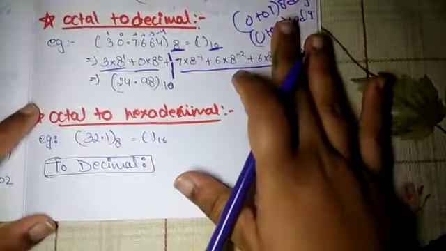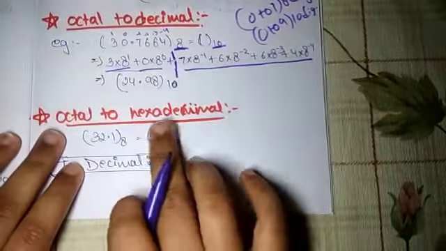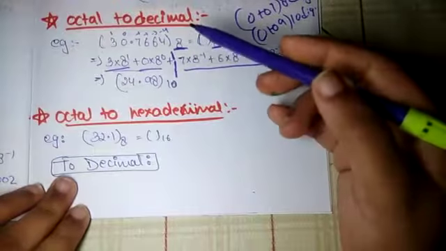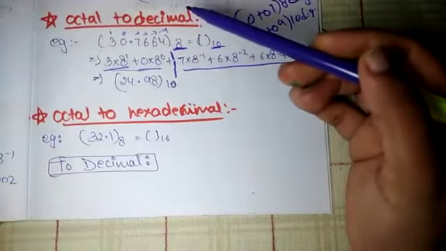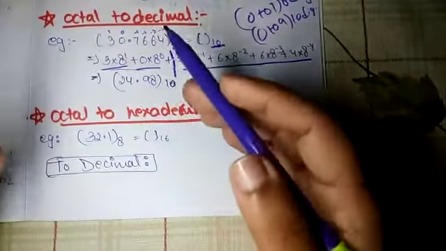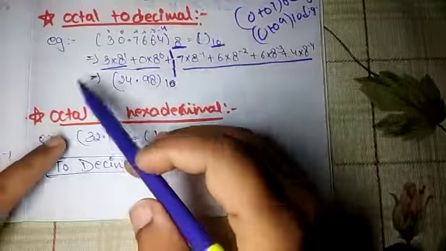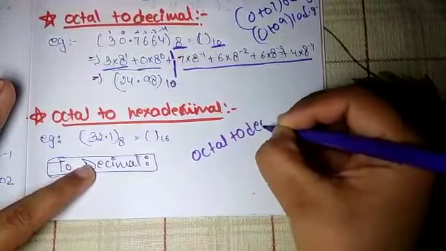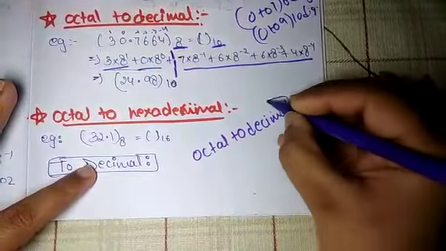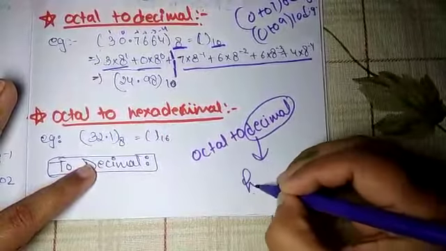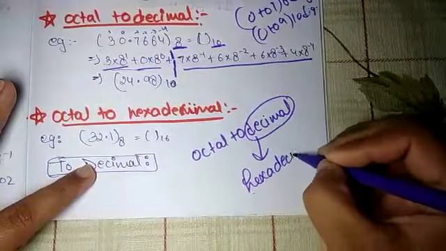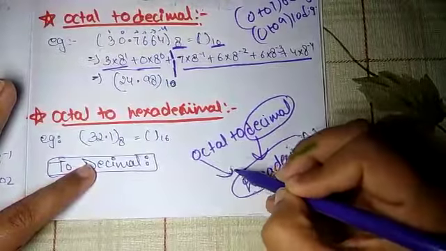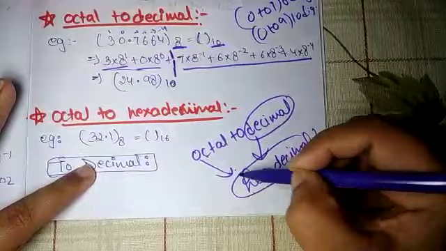While doing the octal to hexadecimal part, we are having the same concept which we have in octal to binary. First we have to convert octal to decimal, then this decimal to hexadecimal, right? So there will be a direct conversion from this to this.